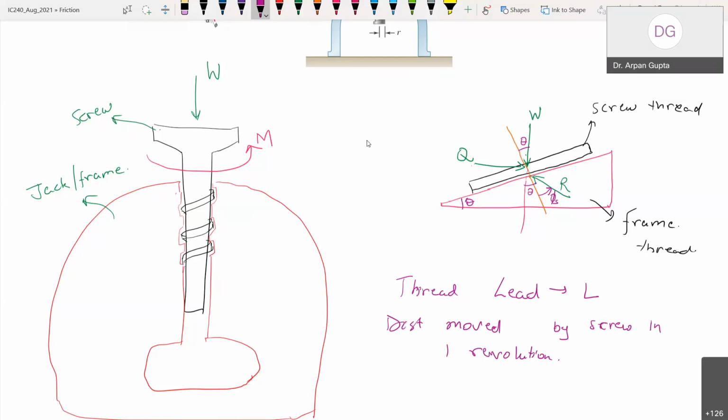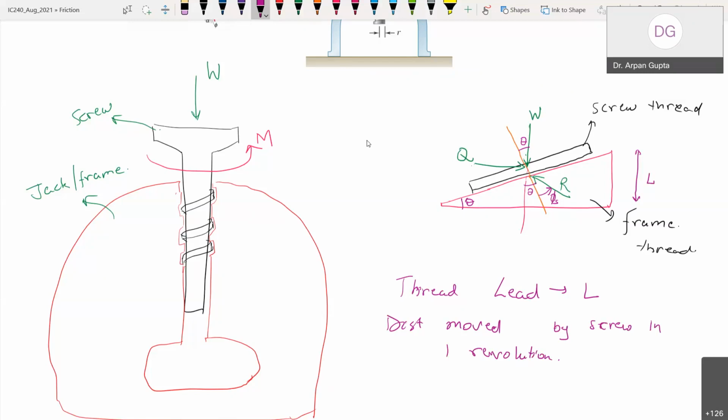So this is called the lead. If I cut one thread and draw this diagram, then this is L, and this will be given as a design parameter of the thread. So if a thread is given, these values will be given.